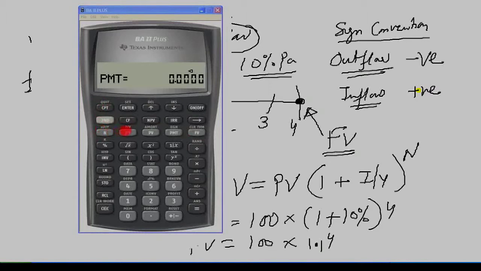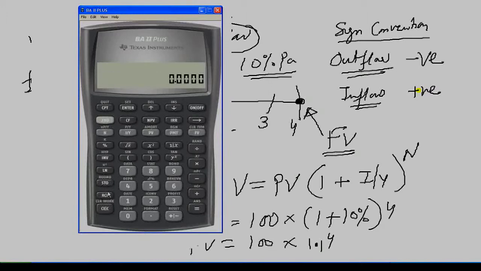If you want to compute any other thing, you have to press CPT and then that particular button. Here we have inputted all those values, so I have pressed CPT, I will compute FV. So you are getting the answer 146.41. So this is the single cash flow. For a single cash flow, you are computing the future value.